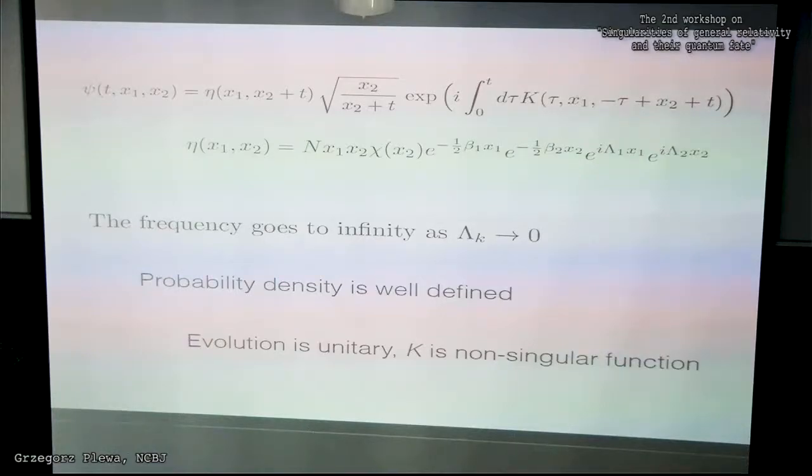Now, as it was mentioned in the previous talk, once we try to reach the singularity, so to be exactly at the singular point, lambda k goes to minus infinity, meaning the frequency of this wave goes to infinity.